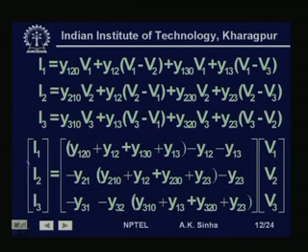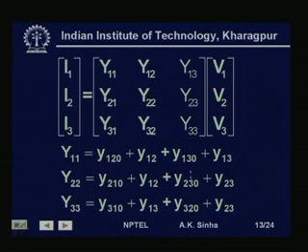So, this equation can be arranged in this fashion in a matrix form, and we can write it as I1, I2, I3 is equal to capital Y, we are writing here Y11, Y12, Y13, Y21, Y22, Y23, Y31, Y32 and Y33, times V1, V2, V3, where Y11, the diagonal element, is Y120 plus Y12 plus Y130 plus Y13, and the diagonal element Y22 is Y210 plus Y12 plus Y230 plus Y23.